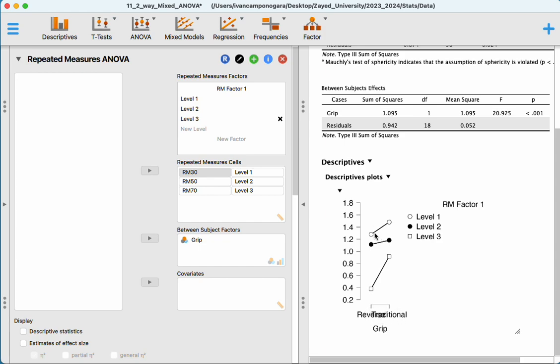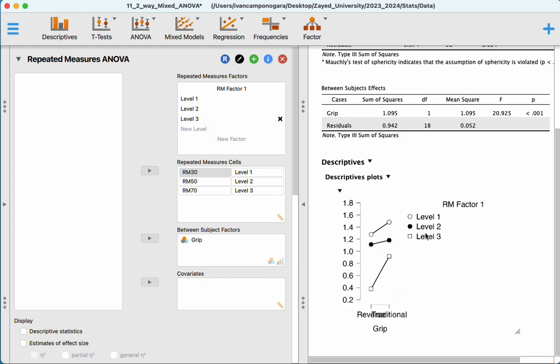But if you look at the grip, the reverse has a lower force than traditional. In level 2, again, we have a slightly lower force. So after 50 days, it looks like the force is lower compared to after 30 days. And there is again a trend where the reverse grip is lower in force than the traditional.